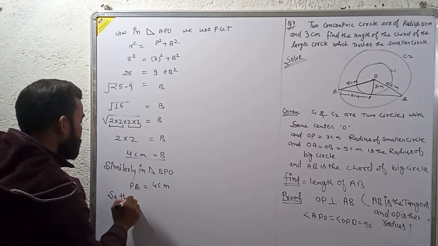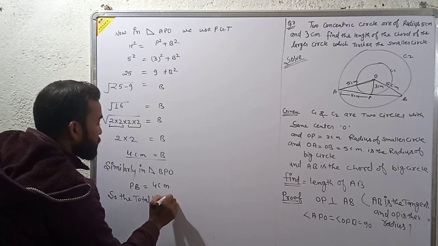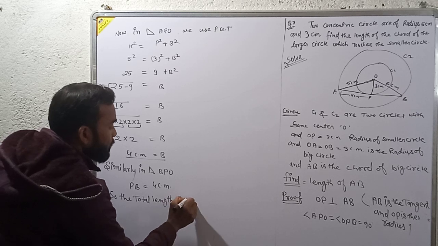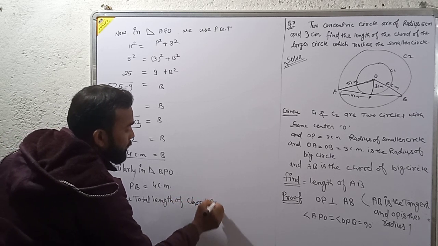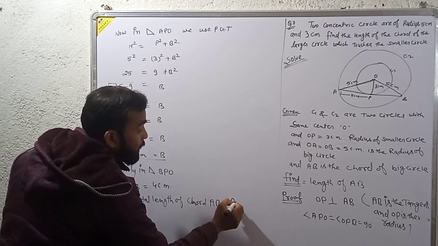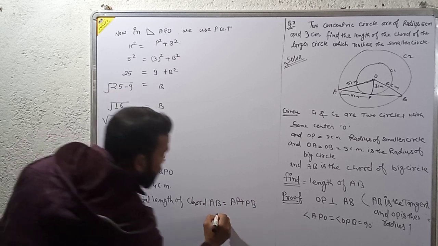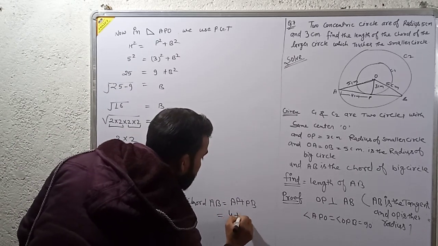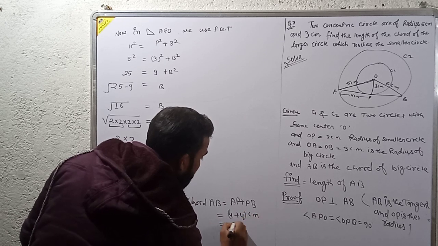So the total length of chord AB is equal to AP plus PB. So 4 plus 4 centimeter is equal to 8 centimeter.